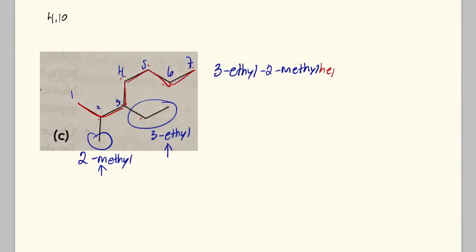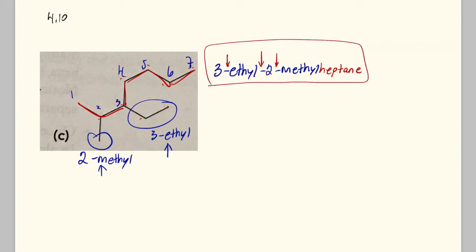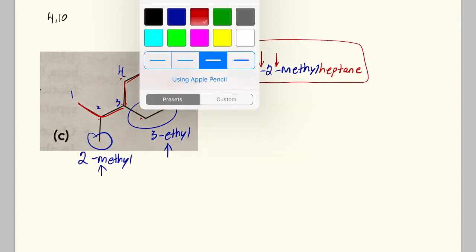There's no spaces or anything in here, you just want to jam it all together, heptane. 7 carbons is heptane. Now remember, you always need a hyphen in between a letter and a number. So that's the full complete name for this one.